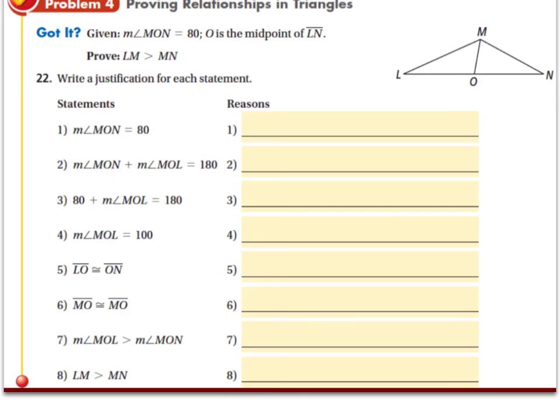Proving relationships in triangles. Given that the measure of angle MON equals 80, and O is the midpoint of LN, prove that LM, this distance here, is greater than MN, this distance here. That's what we're trying to prove. The first thing I know is that the measure of angle MON is 80, that's given.